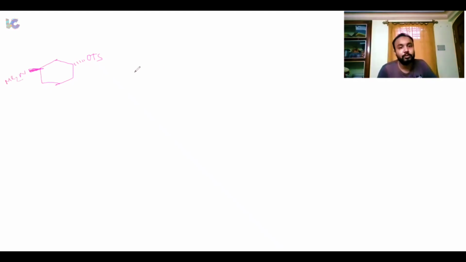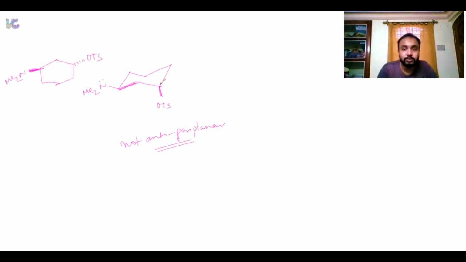If we draw the chair conformation, NMe2 will be like this and OTs will be like this. These bonds are not anti-periplanar, so this fragmentation will not take place.